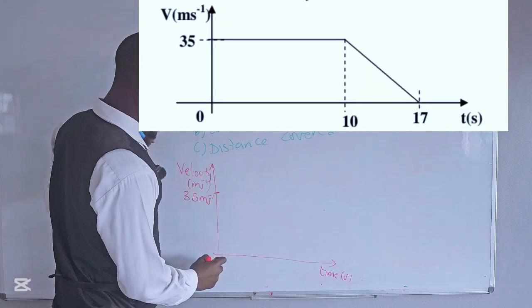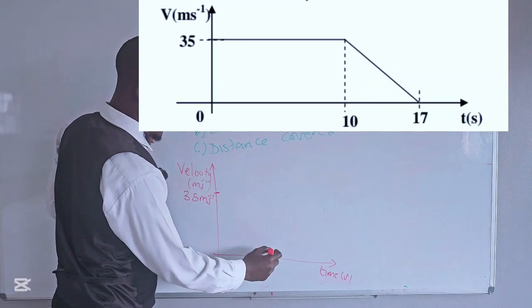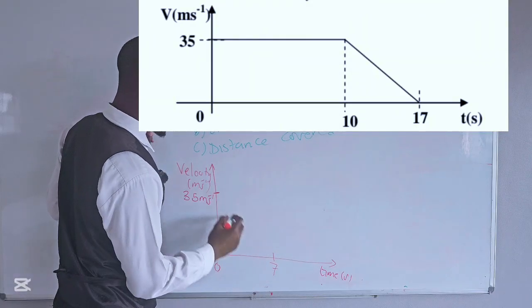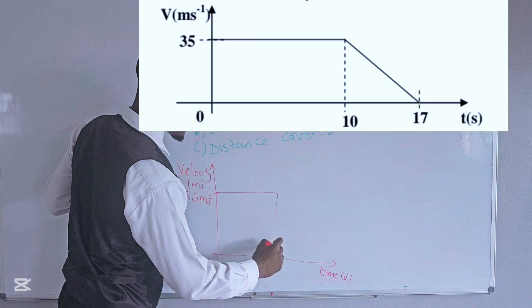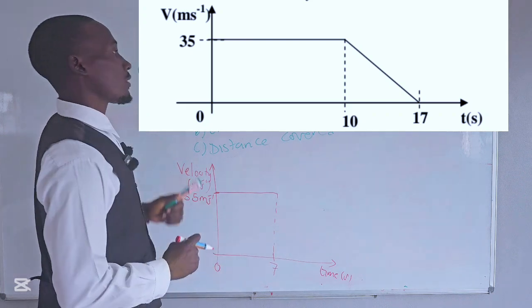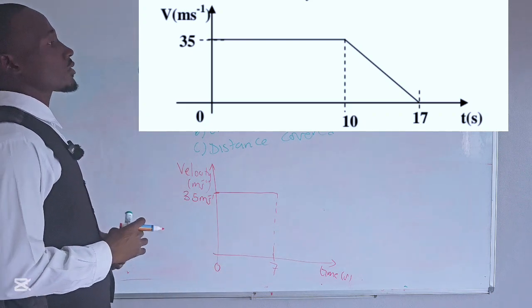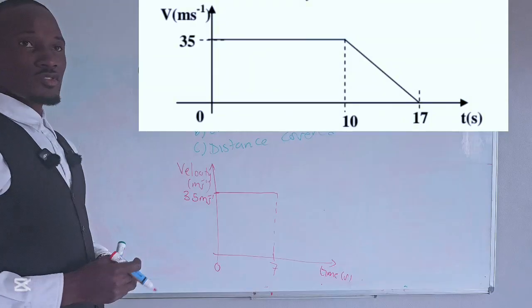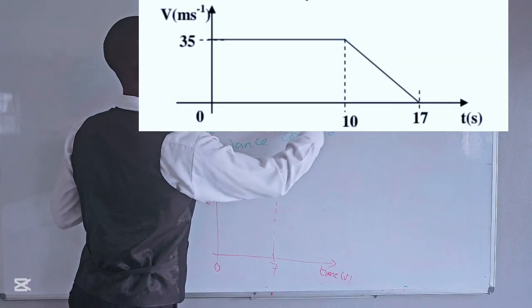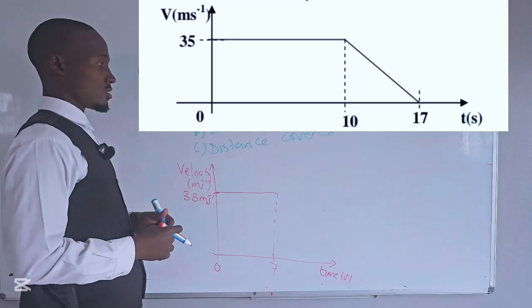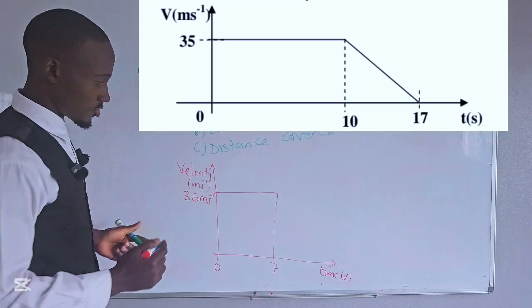So at the instant where we are starting from 0, we are going to count 10 seconds and we keep this velocity constant for 10 seconds. From there, it is then brought to rest uniformly in 7 seconds. Brought to rest means it is taken to a velocity of 0.